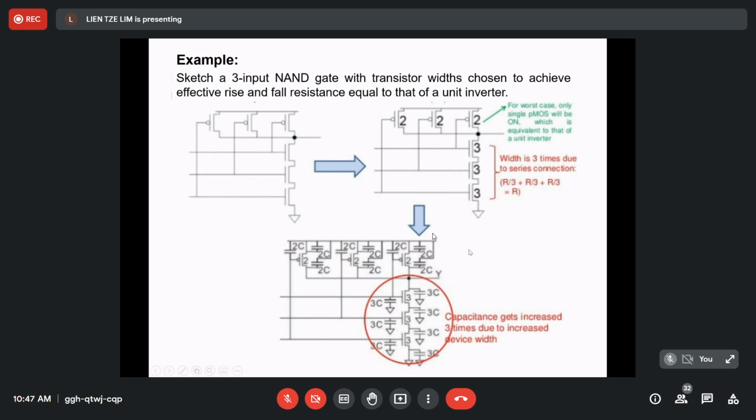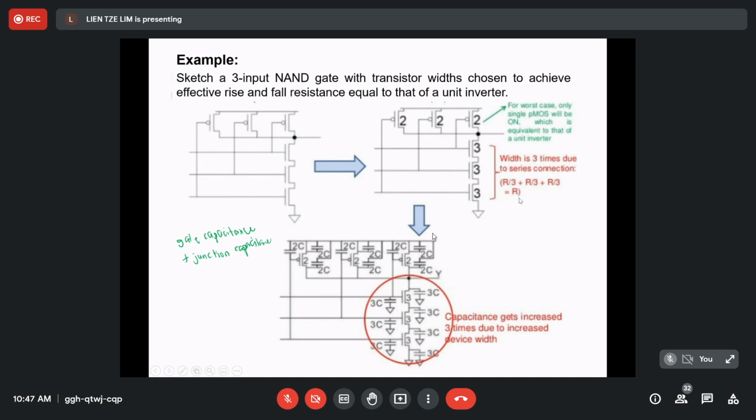This is the diagram with the capacitance. The capacitance here includes gate capacitance and also the junction capacitance. Resistance is not drawn in this diagram, but it is determined here.